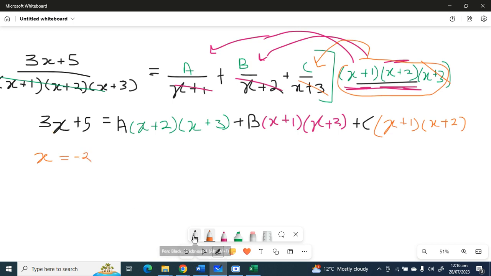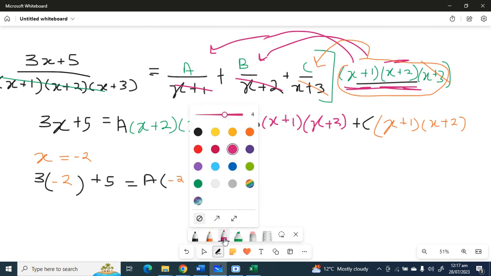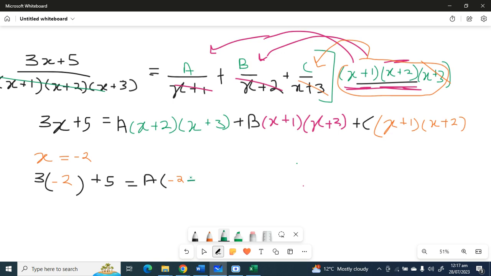So this expression becomes 3, open brackets, -2, plus 5, equals a, open brackets, -2 plus 2. All right, so we know with -2, we're going to get rid of a and c.